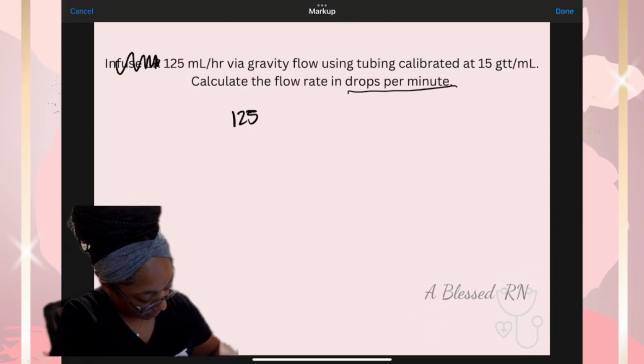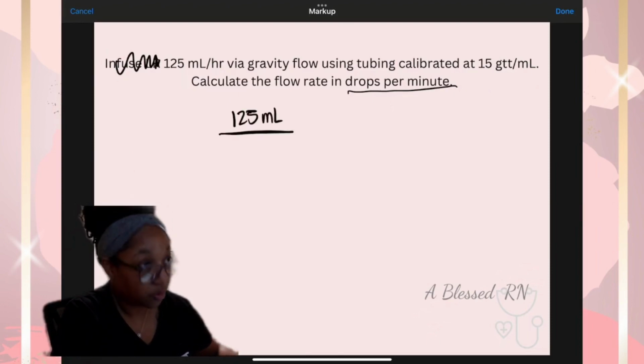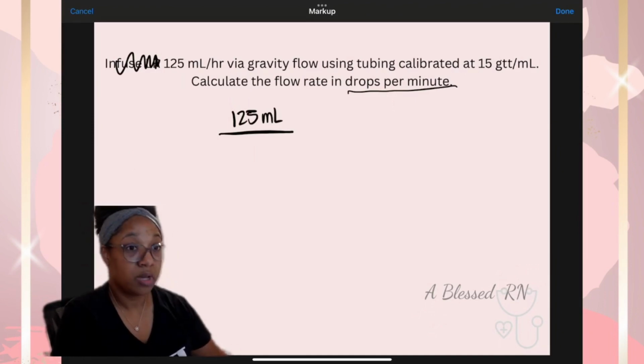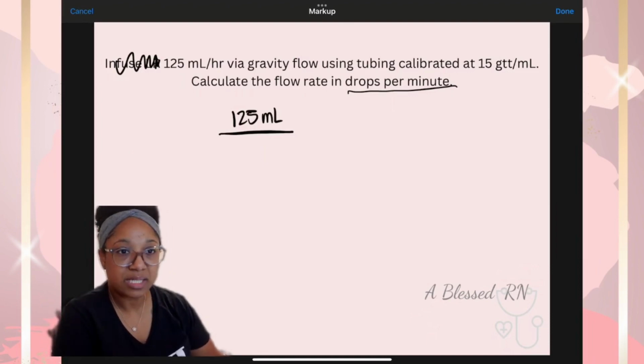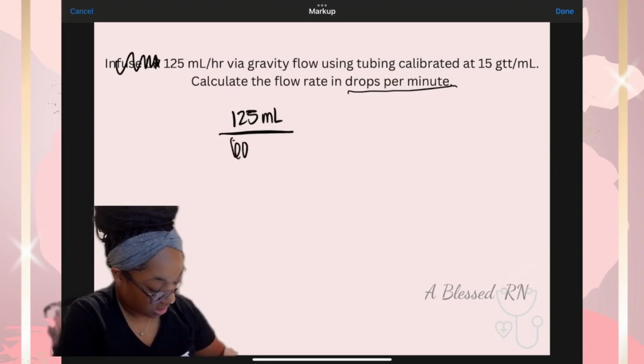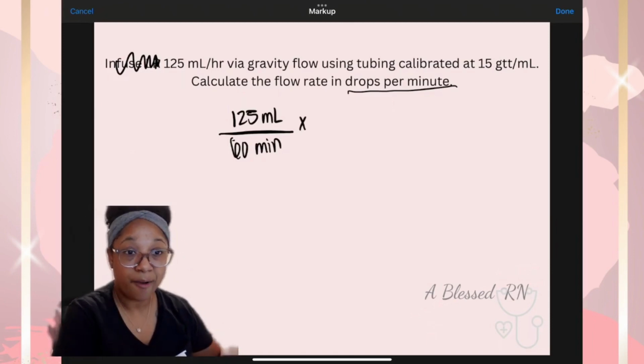So your volume over your time, which is going to be time in minutes. So don't you write hour, because it's going to be 125 over 1. And we want minutes. We want 125 over 60, okay? 60 minutes. Because you want drops per minute, not drops per hour.